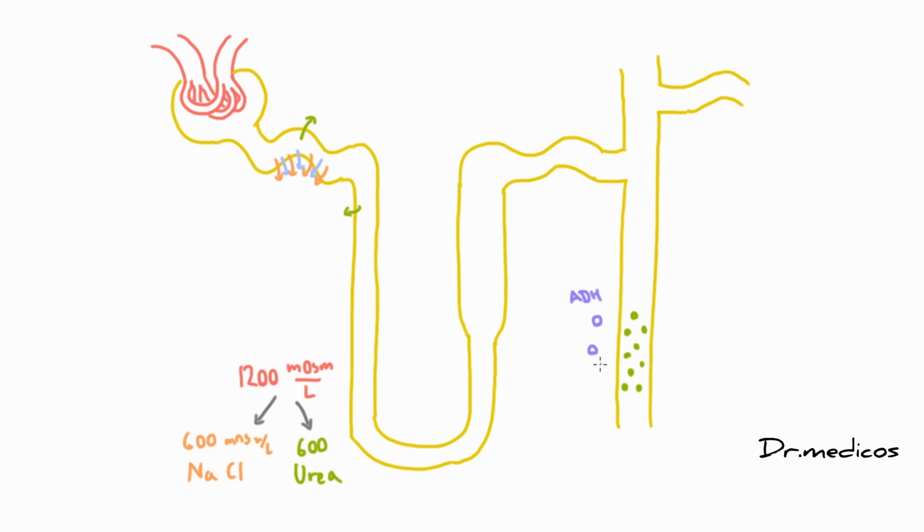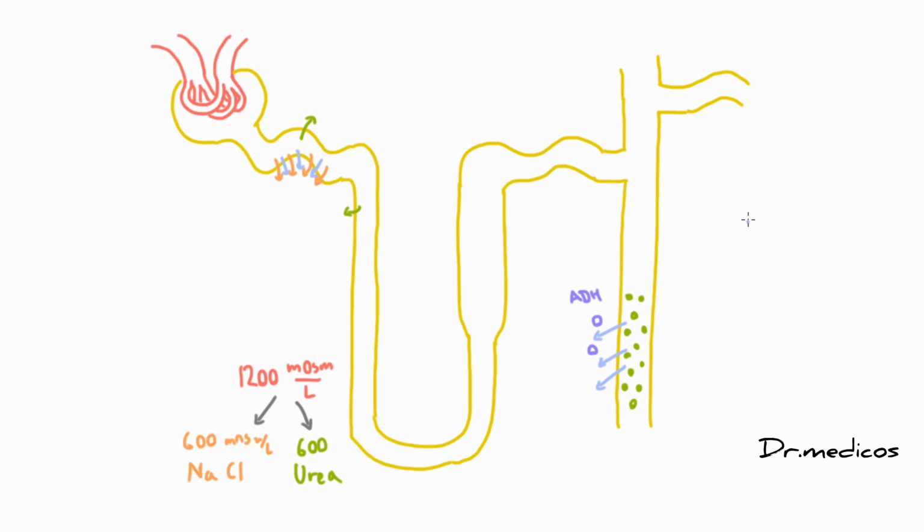So the ADH is going to cause water channels to be put into the collecting duct, and that's going to allow water to get sucked out towards the high concentration here in the medulla. But urea is a solute, and so this urea sitting in the collecting duct is going to resist water going out. It's going to add solutes and concentration to the collecting duct, and so it's going to make it harder to get a lot of water out of the collecting duct.